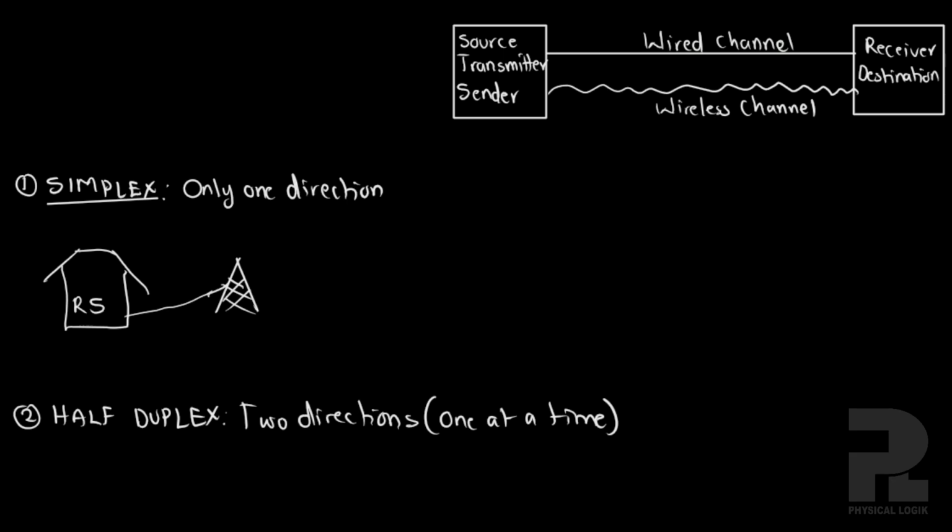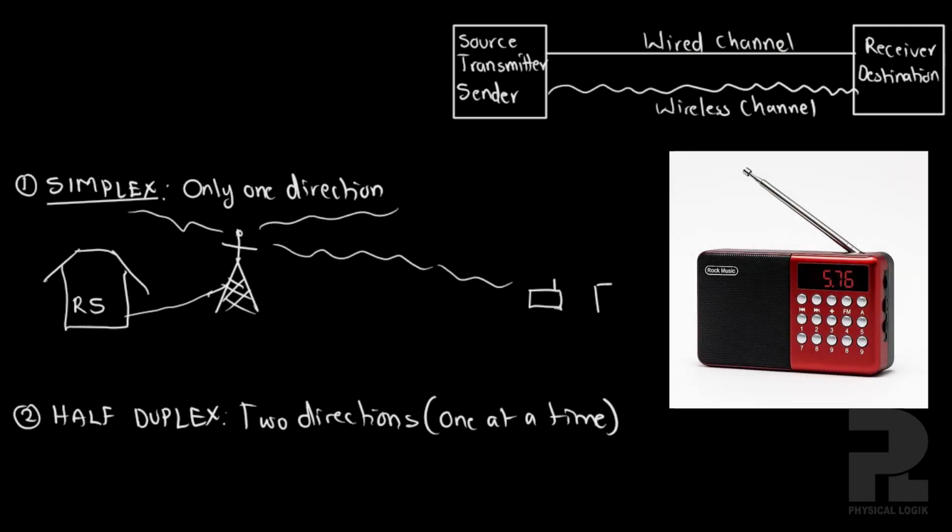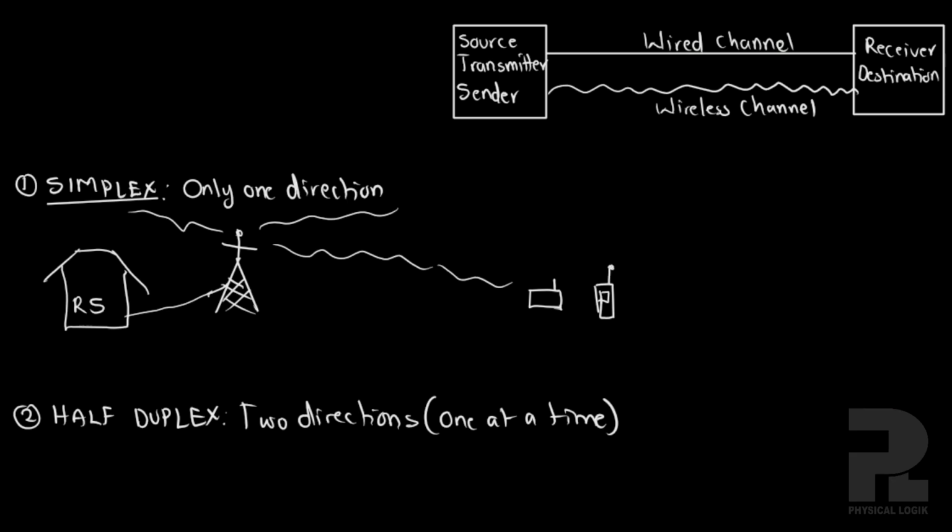So this signal is going to be broadcasted in multiple directions. And then we have here an FM radio, or even a smartphone, any mobile phone that supports FM radio capability. You can tune into a particular frequency.